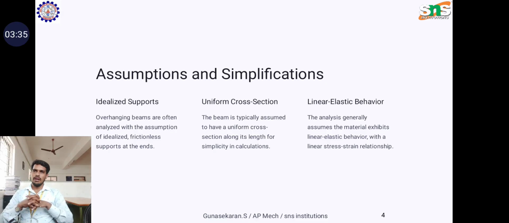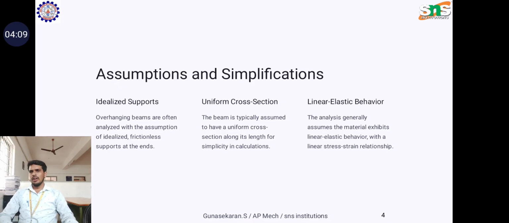Uniform cross section. Overhanging beams are typically assumed to have a uniform cross section throughout their length, providing consistent structural properties such as moment of inertia and cross sectional area. Type of loads: loads on the beam are often assumed to be either concentrated at specific points, point loads, or uniformly distributed along its length.